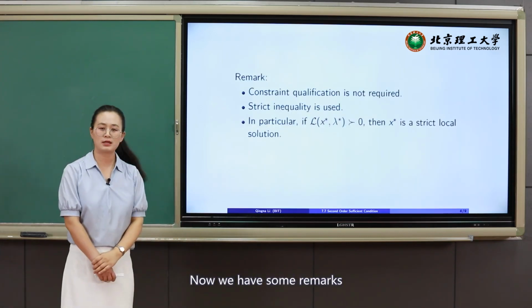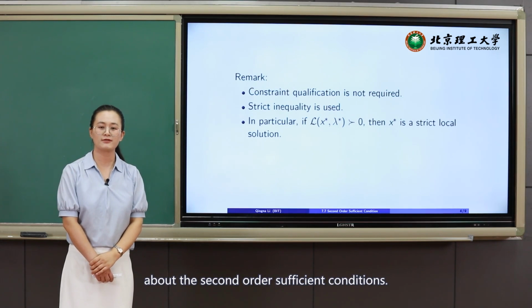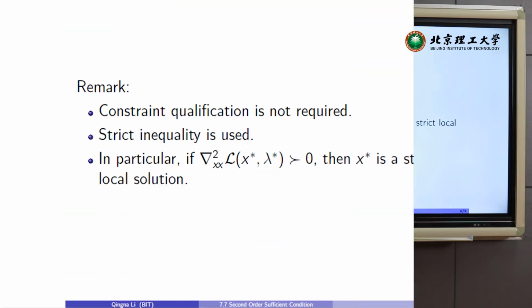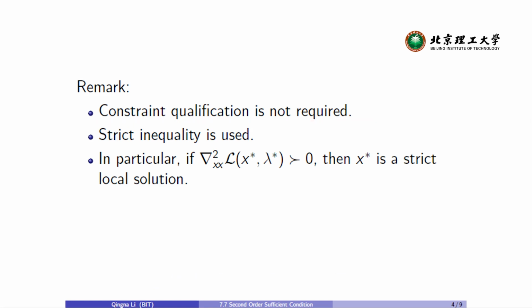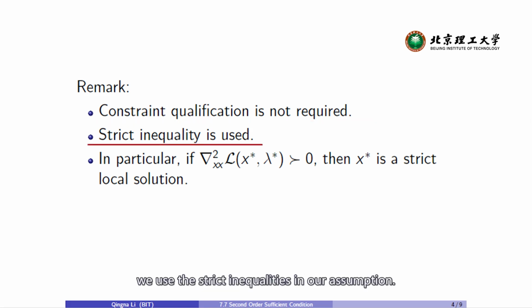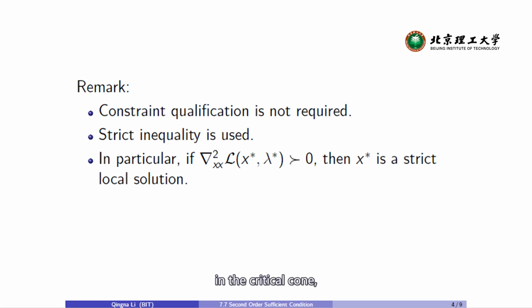Now, we have some remarks about the second-order sufficient conditions. Firstly, we do not need any constraint qualifications because this is a sufficient condition rather than a necessary condition. The second remark is that we use strict inequalities in our assumption. In other words, we require that for each direction in the critical cone, the Hessian matrix of the Lagrange function should be strictly positive definite.